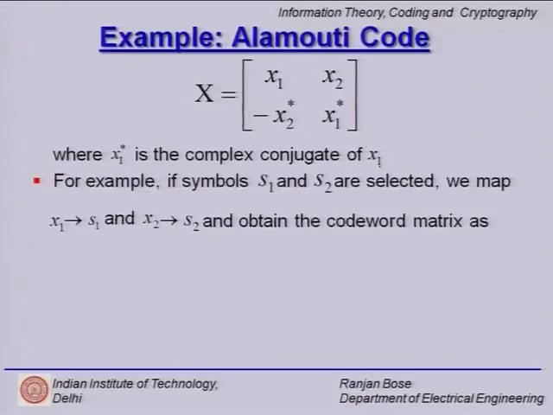So, this particular way of coding has a name based on the person who first proposed it. It is called the Alamouti Code, and this is the depiction for the Alamouti Code. So, if you have this as the coding strategy, then the code word matrix C, as we just now observed, could be written as follows: S1 S2 minus S2 star S1.